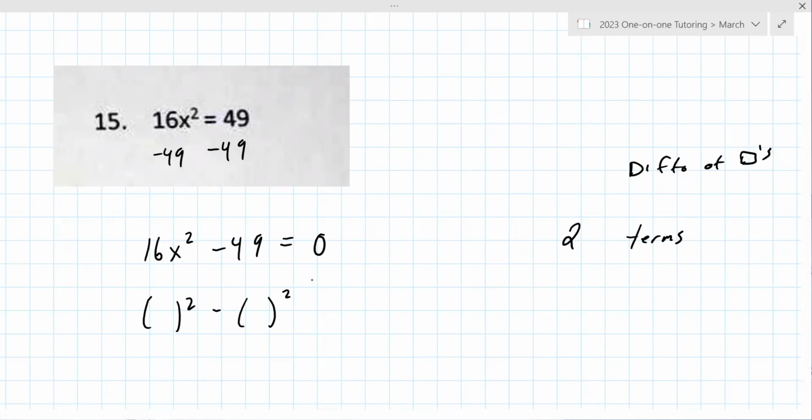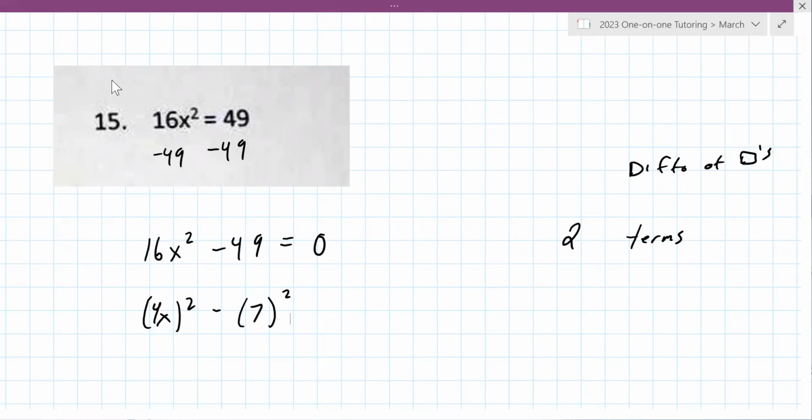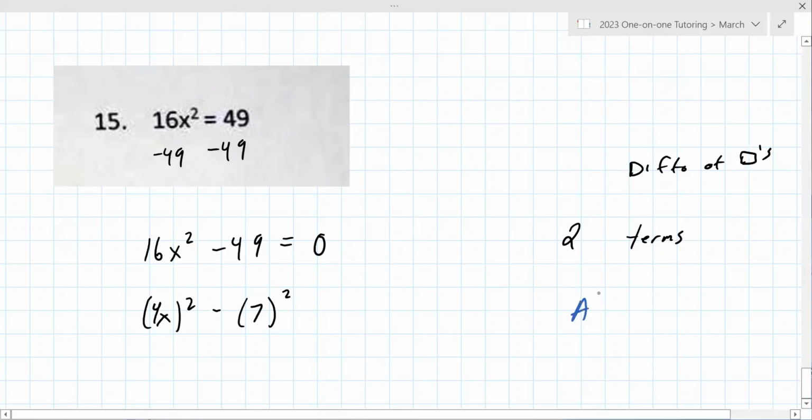Can you tell me what that is? It'd be 4x. Okay, and then for this negative 49. 7. Negative 7. It's always positive inside here. Oh, okay. So this is difference of squares. I'll write the formula off to the side here. A squared minus b squared is a minus b, a plus b.